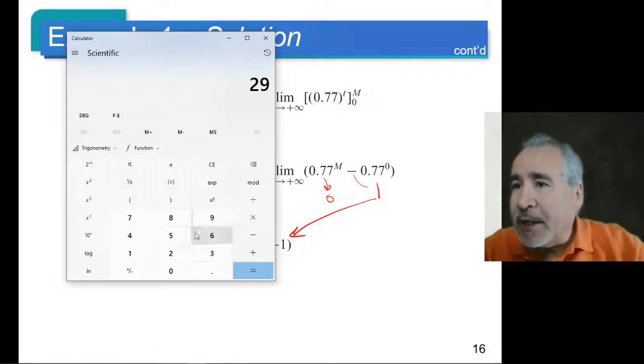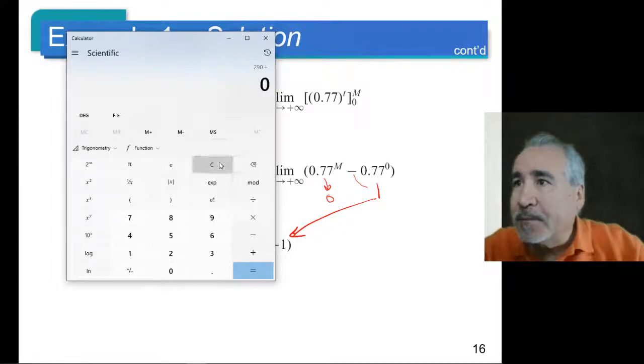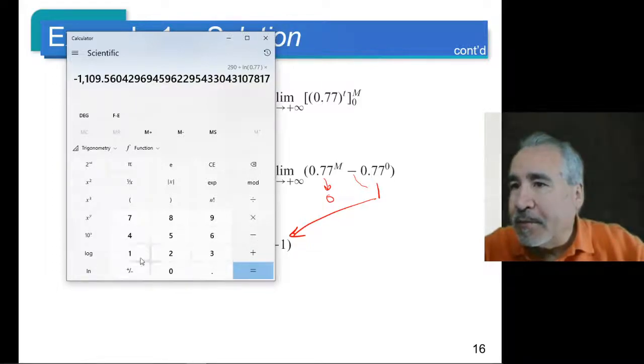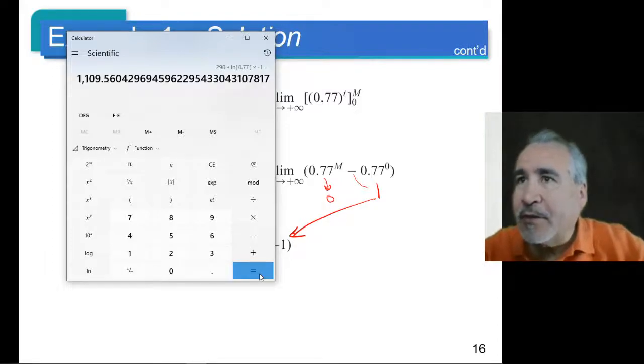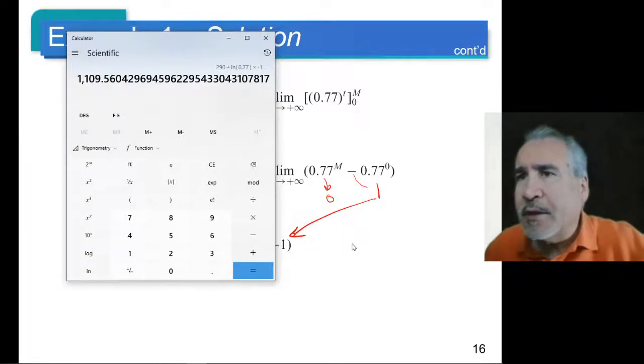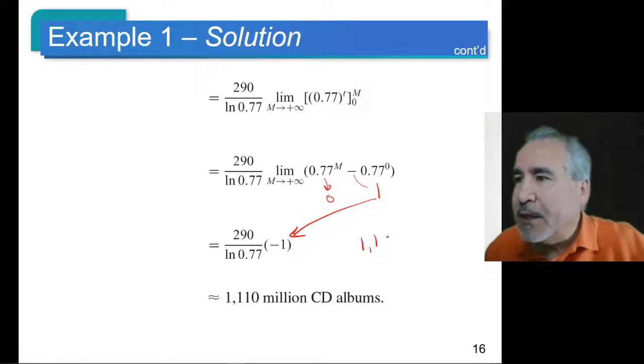So we've got 290 divided by the natural log of 0.77, times -1, which gives us a positive 1,109.